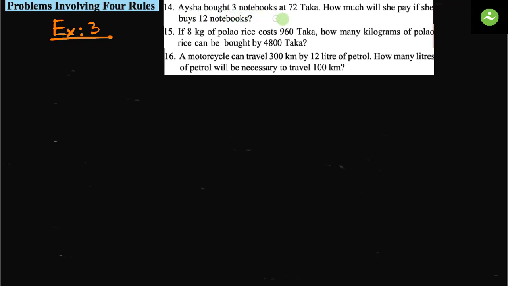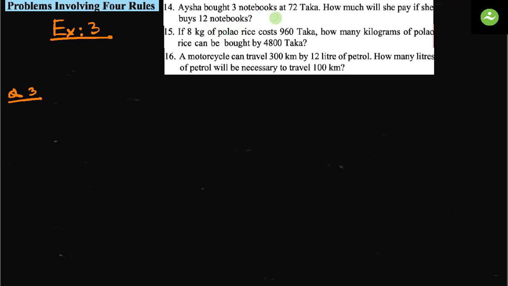Aisha bought 3 notebooks at 72 taka. How much will she pay if she buys 12 notebooks? Question number 3. So we have to find the price, the taka. The unit is taka.